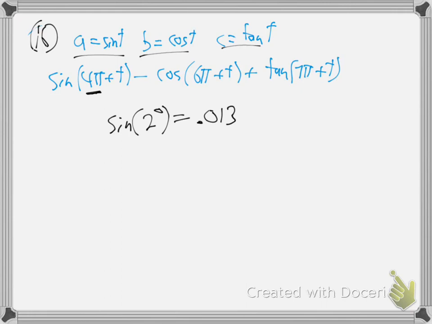And then I said, now that I'm telling you the sine of 2 degrees is 0.013, can you tell me what the sine of 362 degrees is? It's got to be the same thing. Why would it have to be the same thing? How much bigger is 362 from 2? 360, one loop around, right?